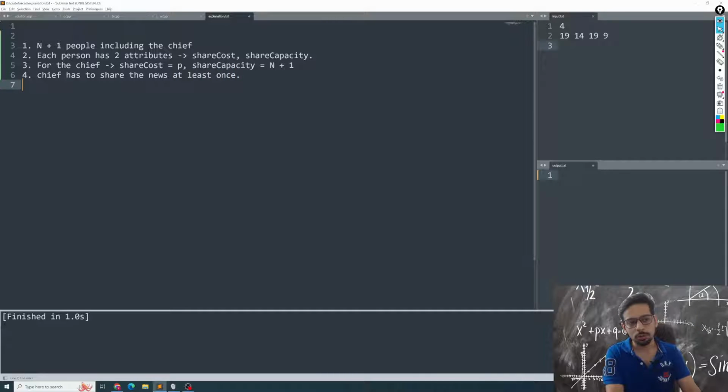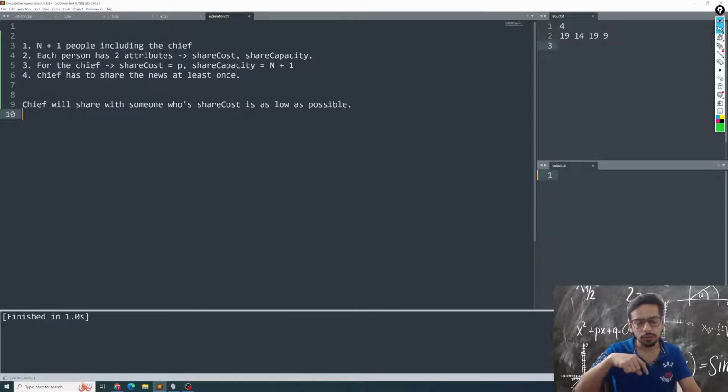Now, it might be possible that once they have shared, they share it with a person whose share cost is super low. Maybe there's some person who loves to spread all these news items and they'll just go and tell everyone for no cost at all. So the chief would like to share it with someone whose share cost is as low as possible.